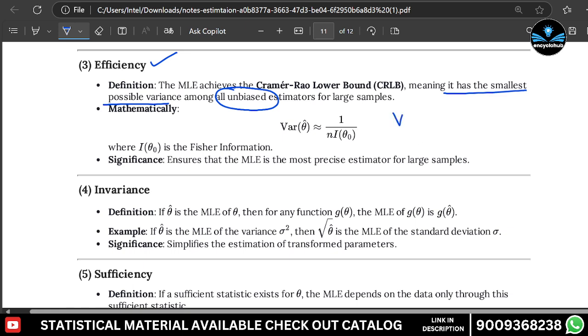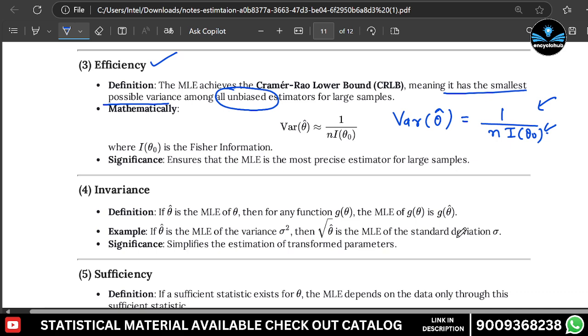So the variance of theta cap will be 1 over n I theta 0, where I theta 0 is the Fisher information and this is the Cramer-Rao lower bound. The significance is that it ensures the MLE is the most precise estimator for large samples.